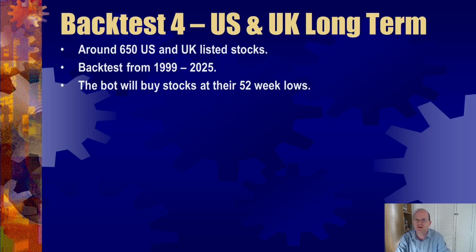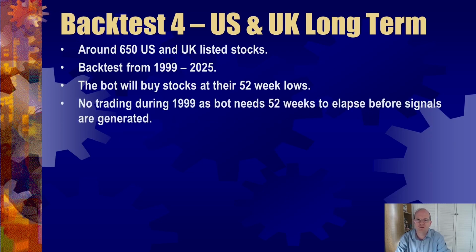This is a good timeless strategy that has worked for the duration of this test. Incidentally, there won't be any trading in 1999 because we need a whole year of data before we can actually trade. So we need to check if there's a 52-week low and then start buying them. And the rest of the strategy is as before: look for a 10% profit, then sell and buy something else.